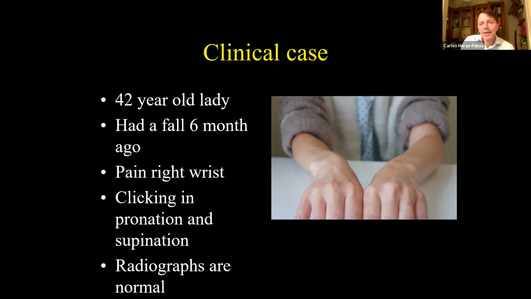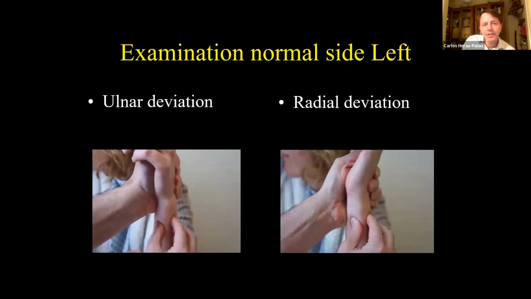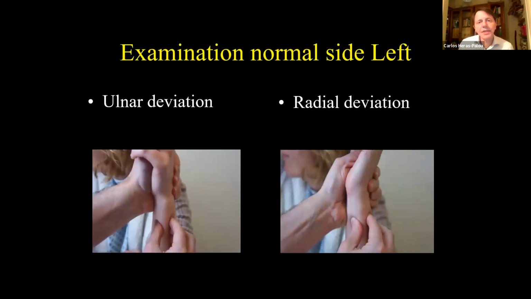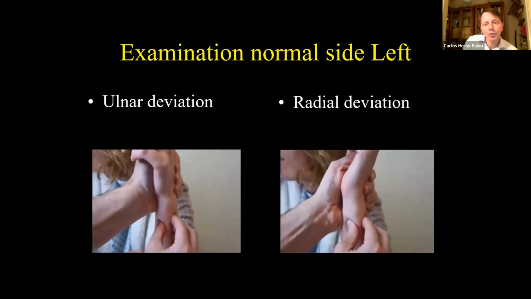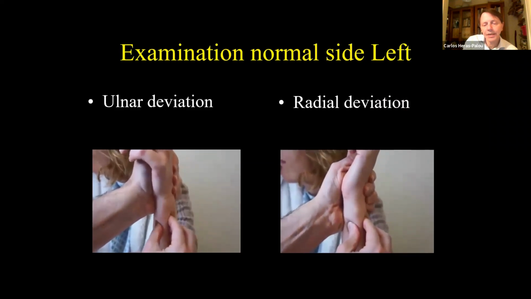So what you can see there, just by looking at it, is that the ulnar head on the right is more prominent than the left. Yeah. So if we try this test on the good side, so the left side is the normal side, she will have a little bit of movement of the DRUJ. Yeah, I can ballot the ulna a little bit. And then if I try it in radial deviation, that tightens up, trying to push it and not getting hardly any wobble.